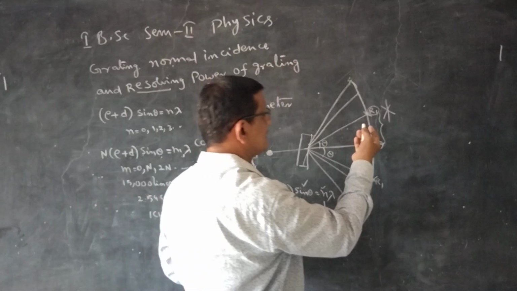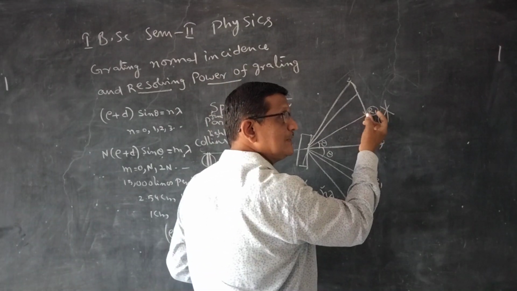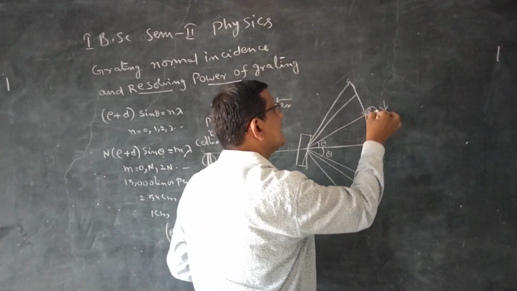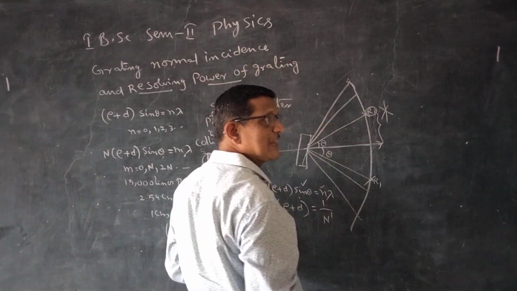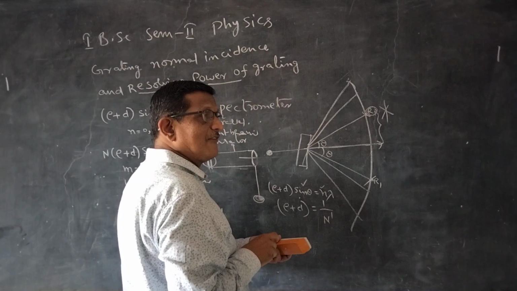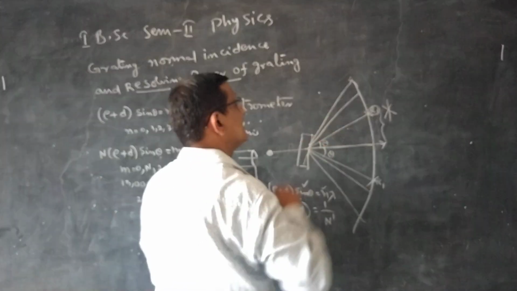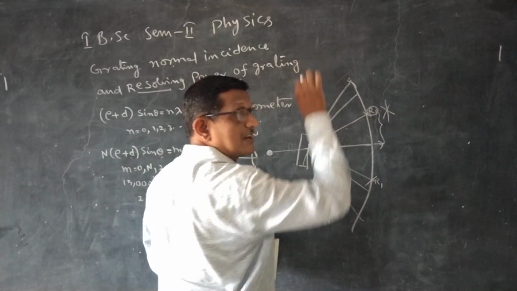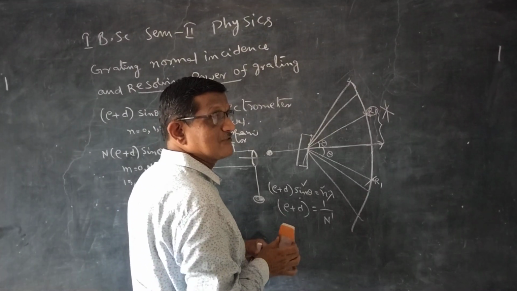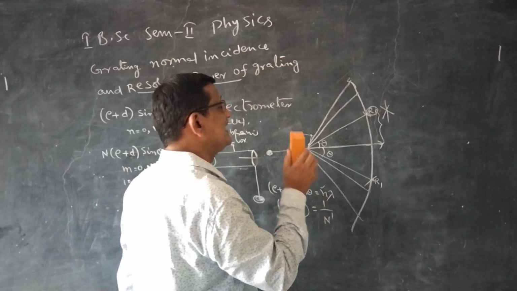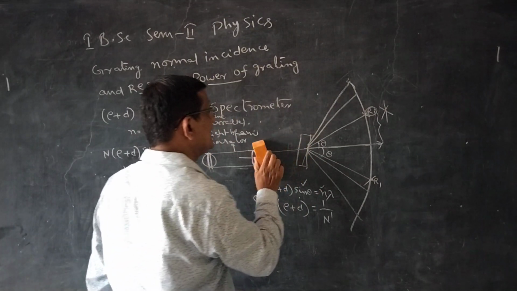Similarly, for the yellow line, red line or blue line, whatever it may be, in the first order we can determine the wavelength of different colored lines. Similarly, we can determine the wavelengths of different colored lines in the second order and third order also. That is the experiment of determination of wavelength of spectral lines using a diffraction grating.